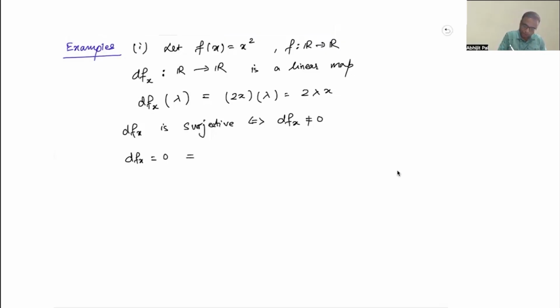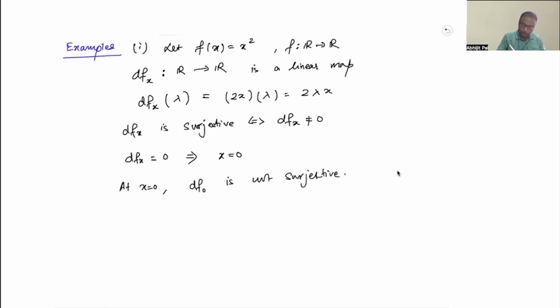So this implies 2 lambda x equals 0 for all values of lambda, and that is true only if x is equal to 0. So at x equals 0, df_0 is not surjective.